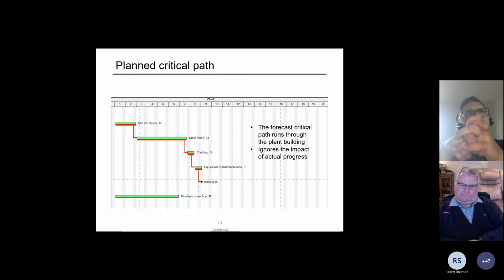And what we can see on the plan here, indicated in red, is that the structure itself is on the critical path, because we can see at the bottom of the screen the pipeline connection has about two weeks of float. So the planned critical path, quite logically, is that the structure will be critical and the pipe connection will be made well ahead of the structure. So that's the planned critical path.